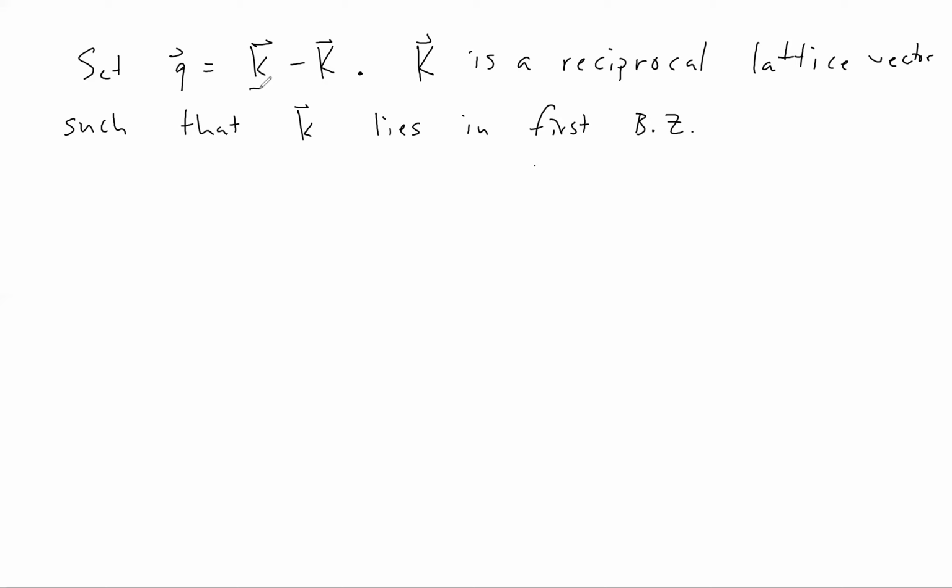Remember, there's only a finite number of vectors little k in the first Brillouin zone as well. So with this relabeling, the Schrodinger equation becomes the following.